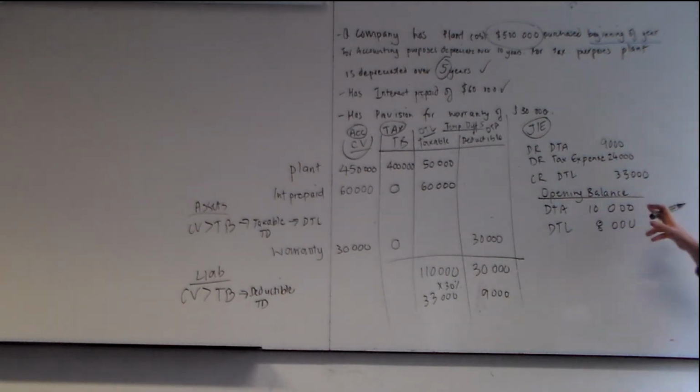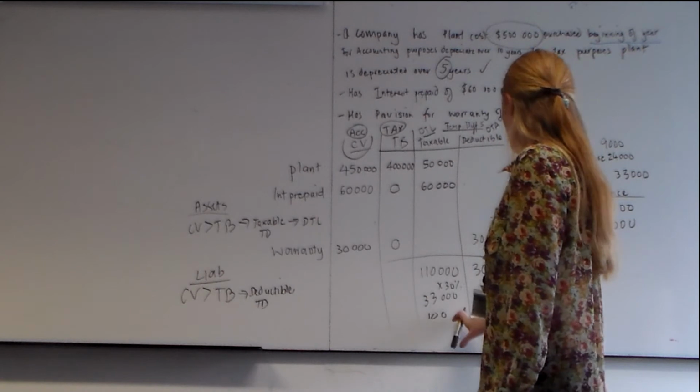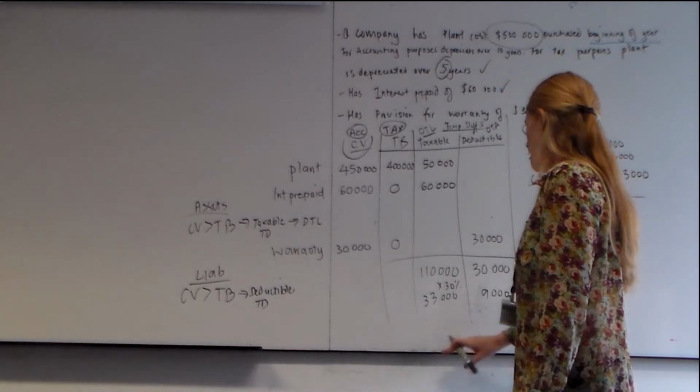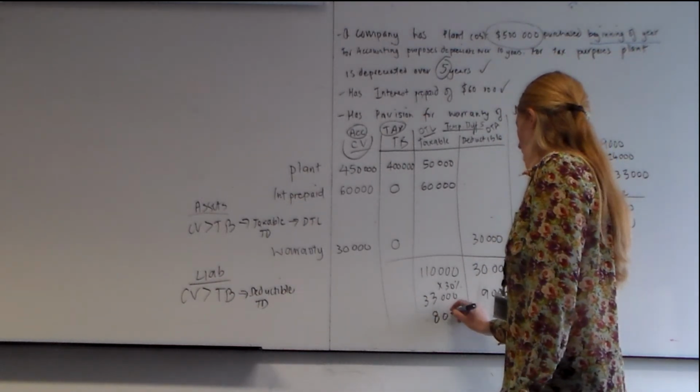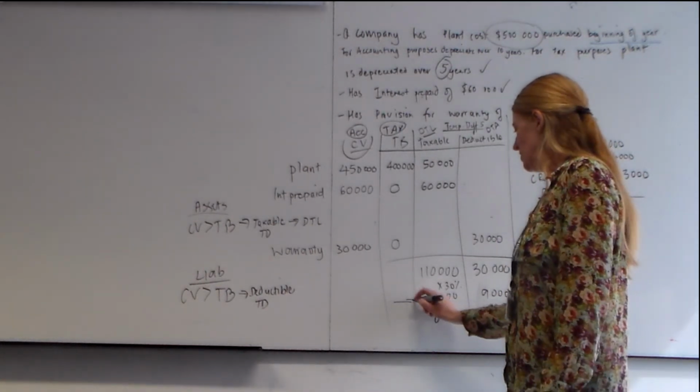The deferred tax asset at the beginning of the year was 10,000, and the deferred tax liability opening balance is 8. How is this going to change? Is it going to change? Yes, because that's the opening balance, and we want to subtract it off the final balances. So basically, am I putting the right thing here? No, I'm not. It should be 8. So the closing balance must be that.